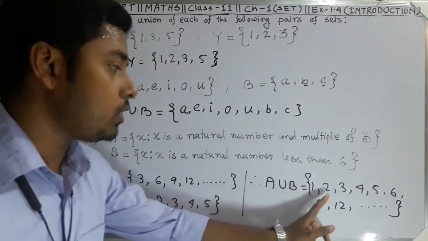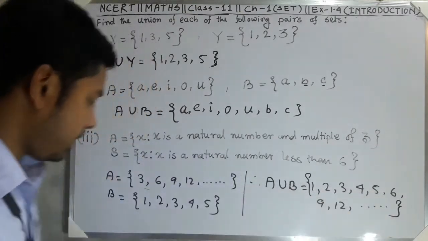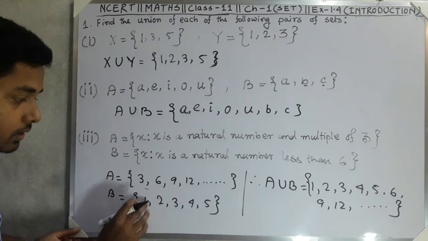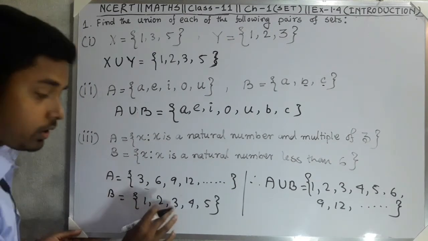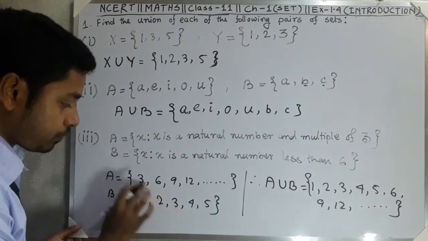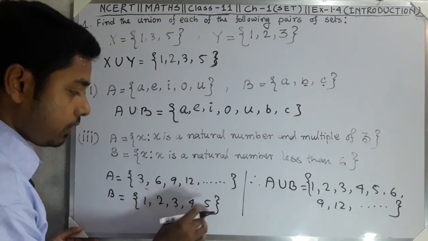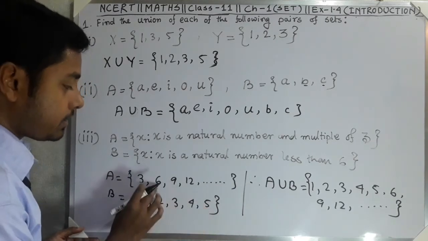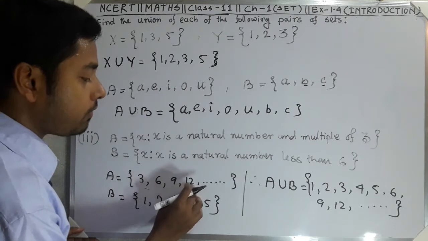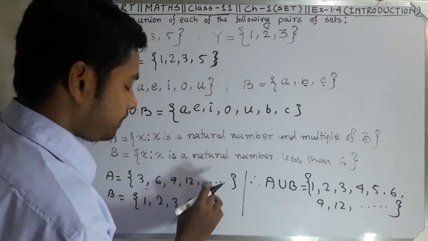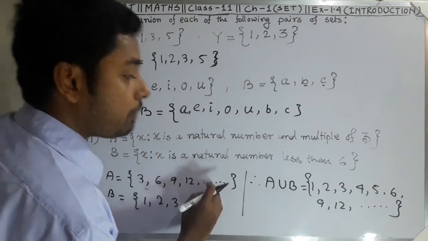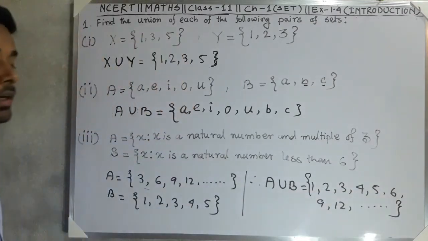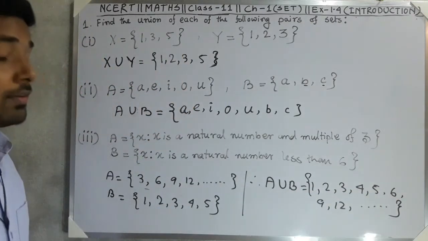So 1, 2, 3 common, 4, 5, then 6, 9, 12. After 12 it will come 15. It will be continuing. Okay, so pause the video to note it down.